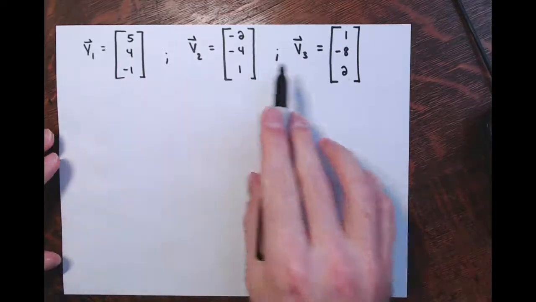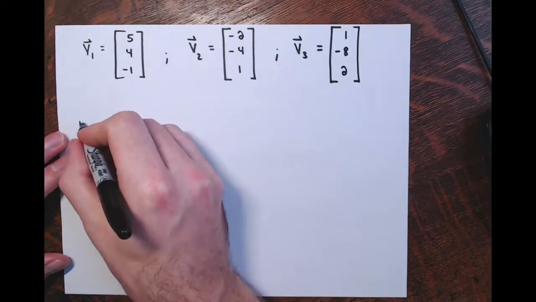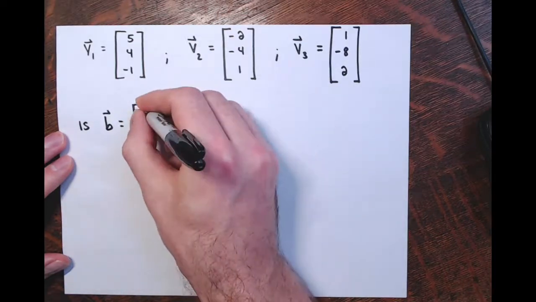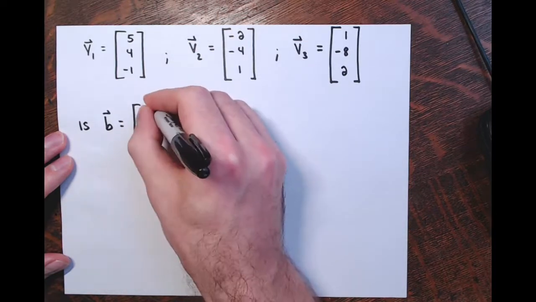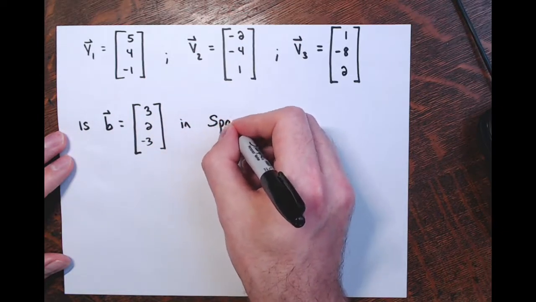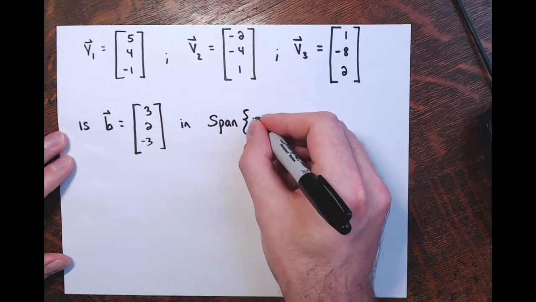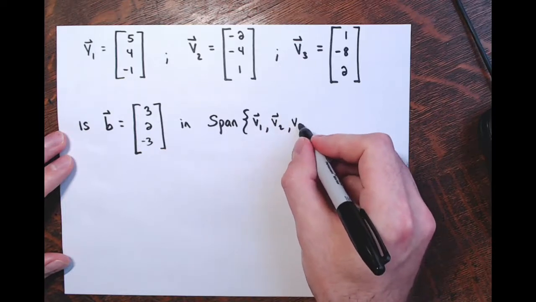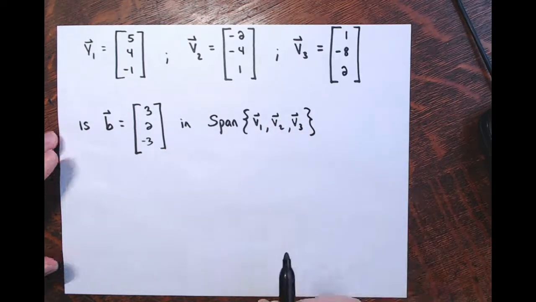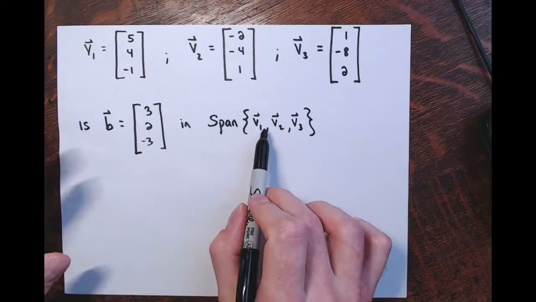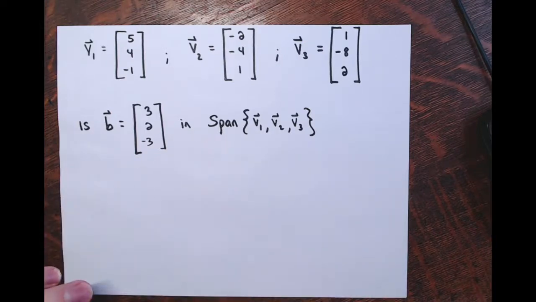I'm going to write this out. Here are the three vectors mentioned, and the question is: is the vector B equal to 3, 2, negative 3 in the span of the set with the three vectors that we're seeing up here? Remember, the span of a set of vectors is the set of all possible linear combinations of those vectors.